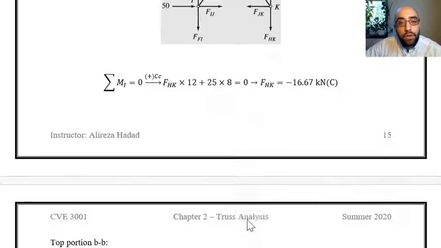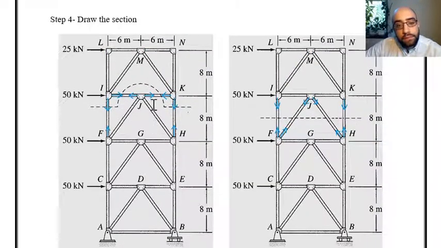Right? So by just considering these two section cuts, we could use the method of sections for analyzing the truss. As you can see, this method of sections helps us a lot in terms of saving time.